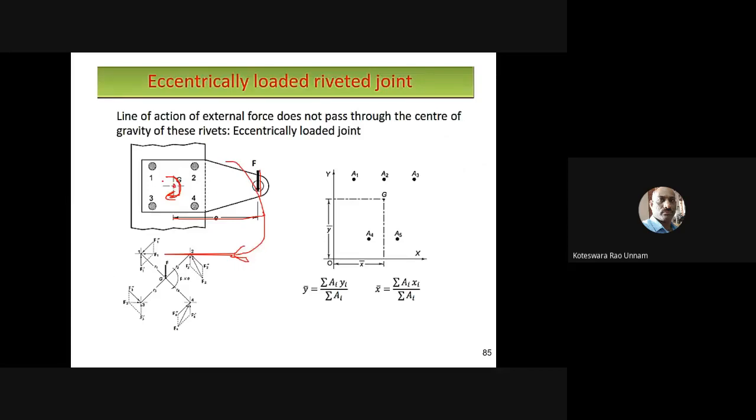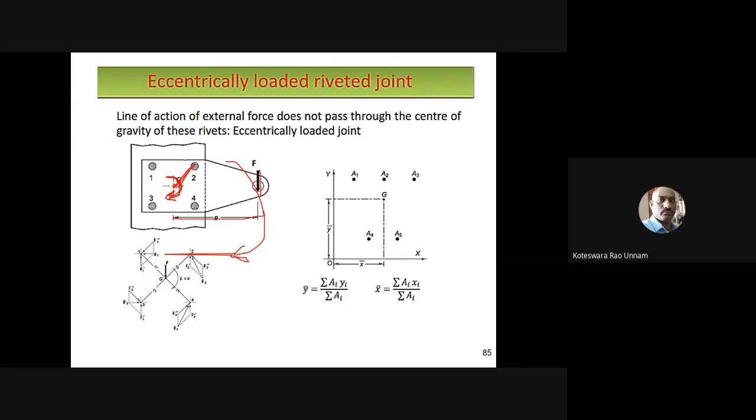Because of this twisting moment at the center of gravity of the riveting system, these rivets are going to be subjected to some shear forces. Whatever twisting moment you are applying to the rivets here will be taken by these rivets. That means an equal and opposite reaction will be created at these rivets. This is the distance of the center of the rivet from the center of gravity.